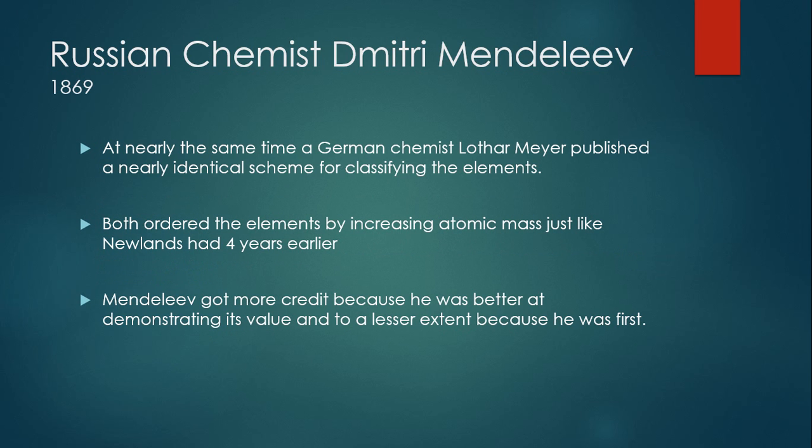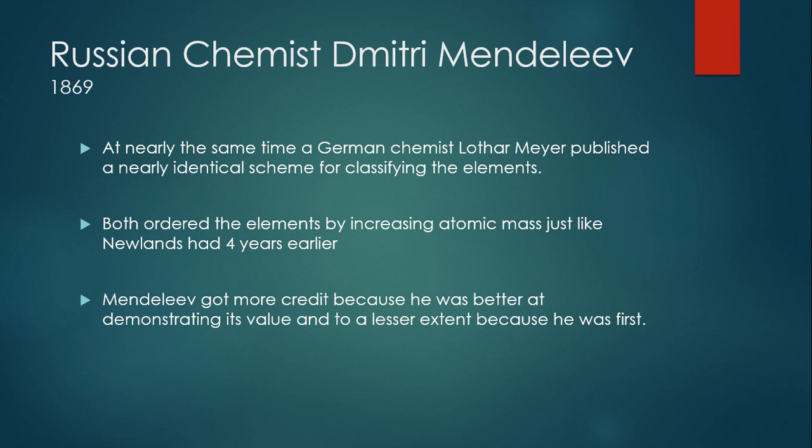So, Dmitri Mendeleev, the guy that's given credit for the current periodic table, or starting the periodic table, he was a Russian, and he had a pretty awesome beard. If you look in the book, there's a pretty cool picture of him. And so in 1869, he and another chemist, Lothar Meyer, who was a German chemist, published pretty much an identical scheme for classifying the elements.